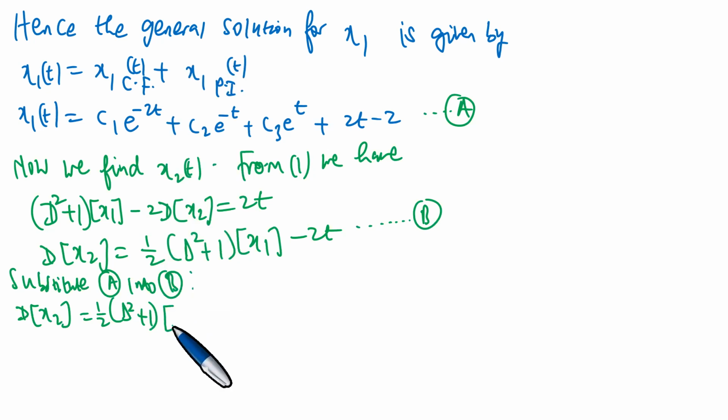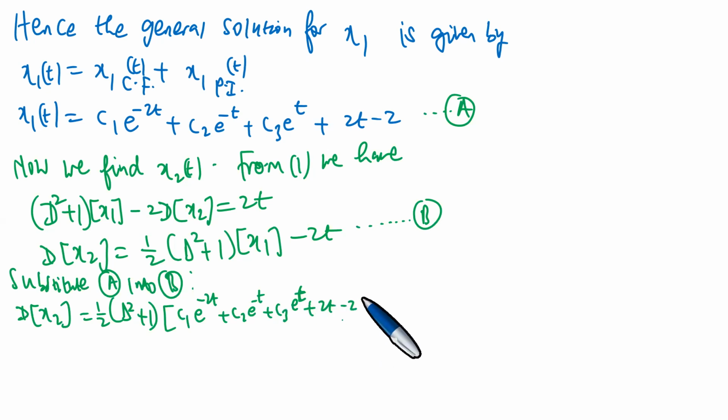Remember there is x1, you put this long thing: c1 e to the minus twice t, c2 e to the minus t, c3 e to the t, 2t minus 2.